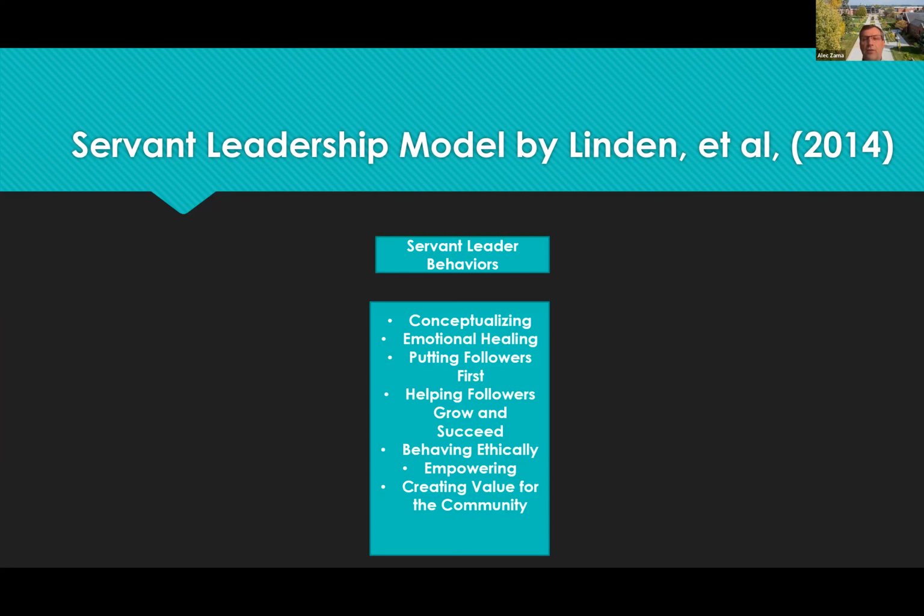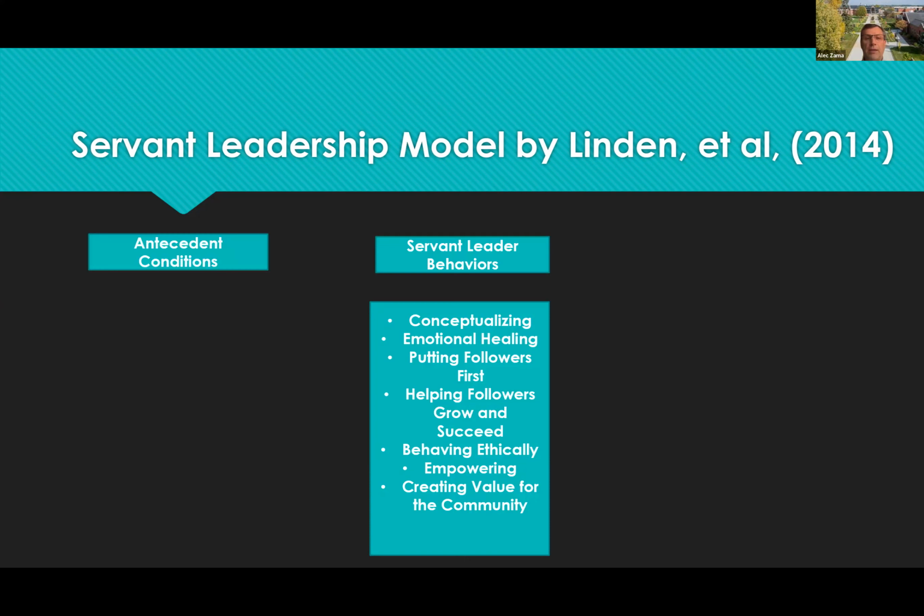And creating value for the community, both at the organizational level and overall at the societal level. Greenleaf believed that leading organizations should think beyond the sole mission of making money and create value for the community. So that's the core of this model.